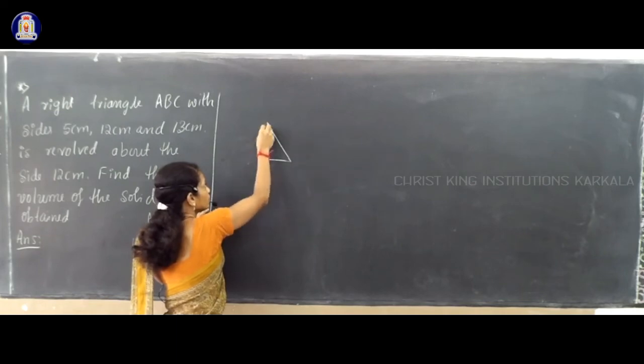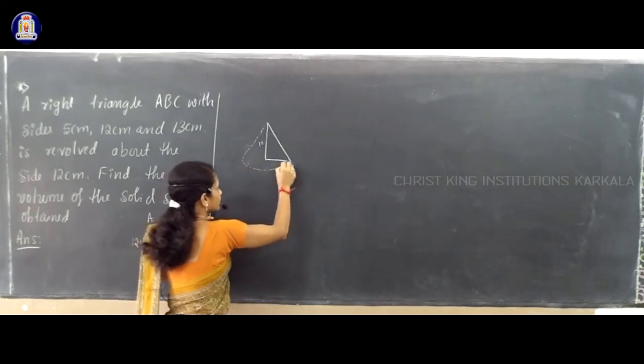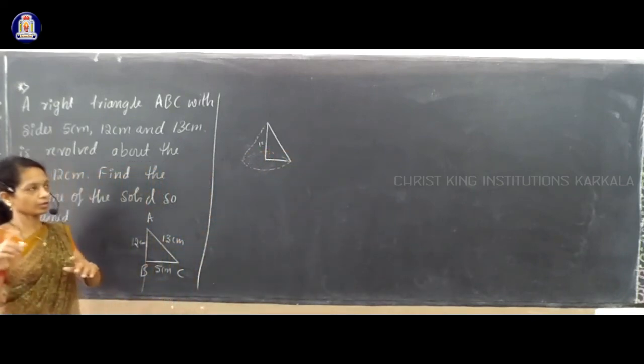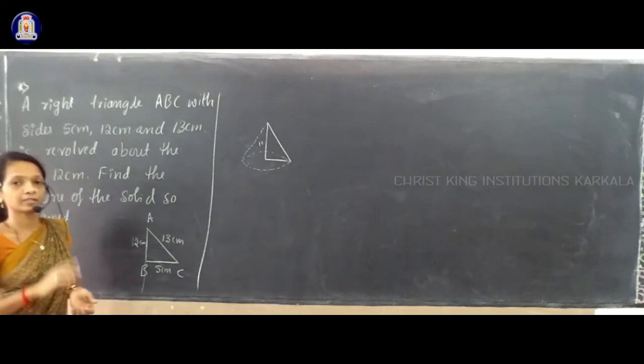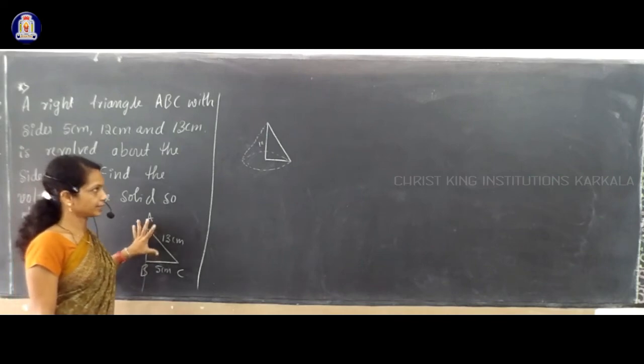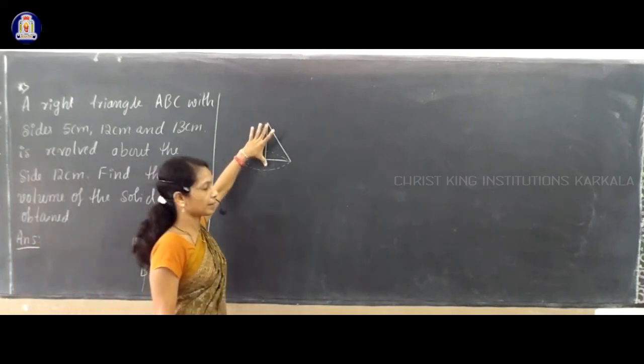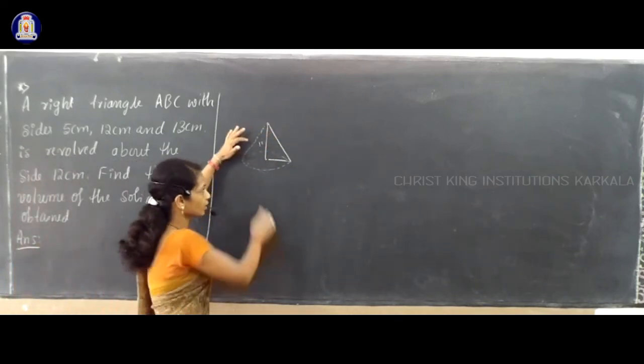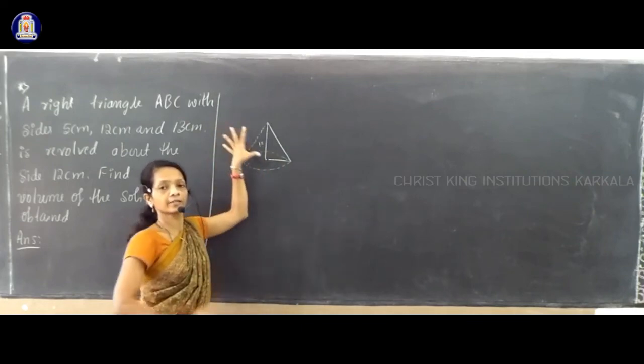Okay, about the side 12 cm, and that solid is like this. Okay, if a fan is rotated, then a circle shape is formed. So like that, if you rotate a right angle triangle about this perpendicular side, then the solid generated is a right circular cone.